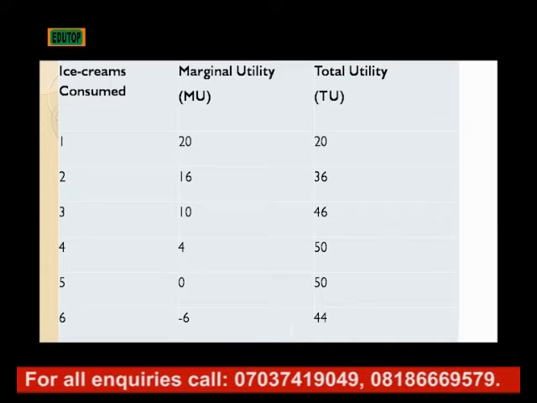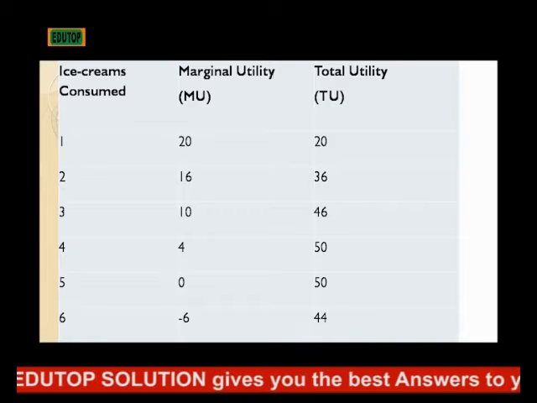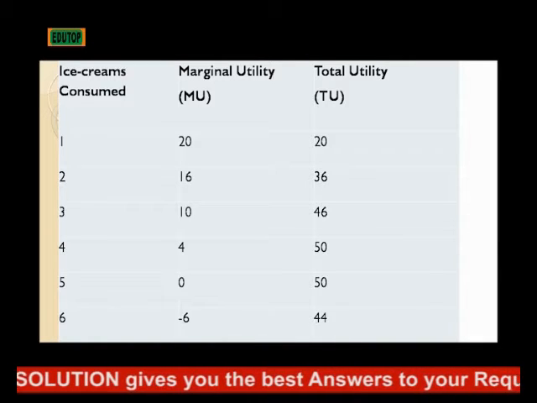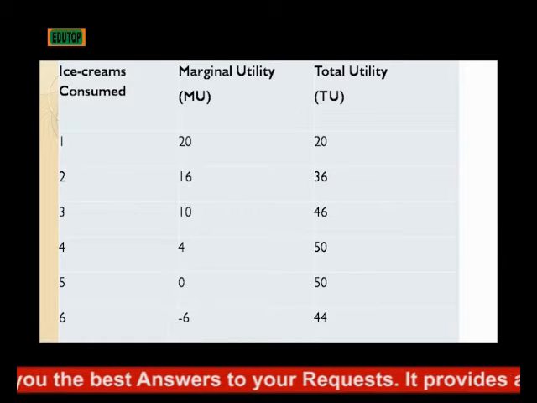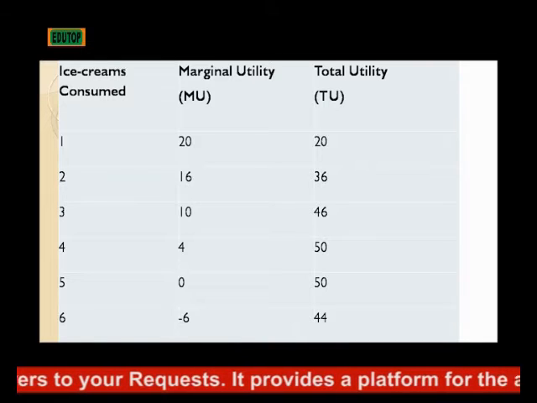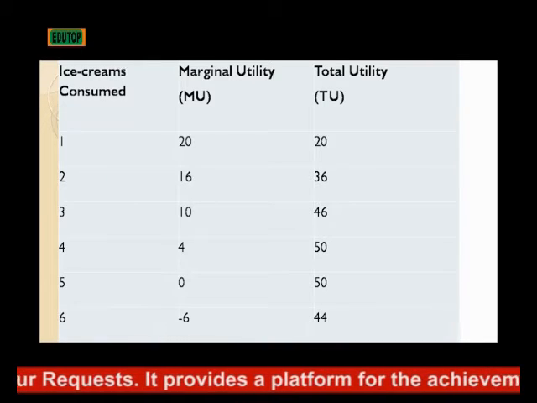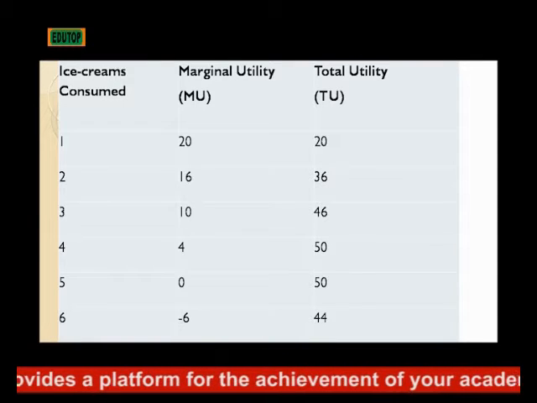Therefore, the 4 is marginal utility, the additional or extra satisfaction derived. And when the fifth one is consumed, the total utility still remains 50, and marginal utility happens to be 0. In that case, there is no additional satisfaction derived between the fourth and the fifth consumption of that ice cream.